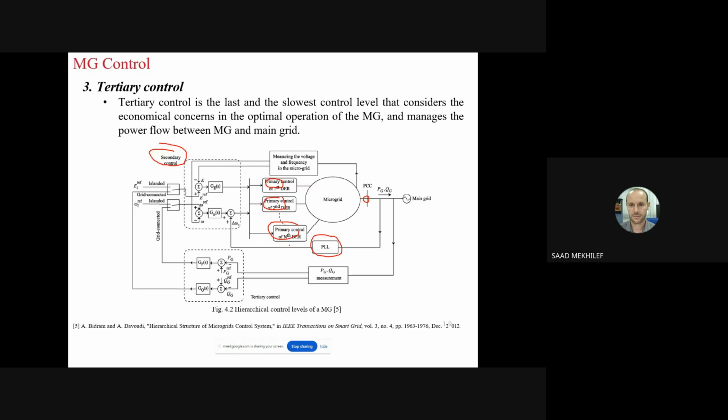If you have a battery, the primary control of your battery control system, for example, maintains the state of charge, so we cannot overcharge and we cannot over-discharge the battery. So this is the primary control within these units. Then you have the secondary control, which is linked between the DERs, and then you have the upper level, which is the tertiary control in the hierarchy.